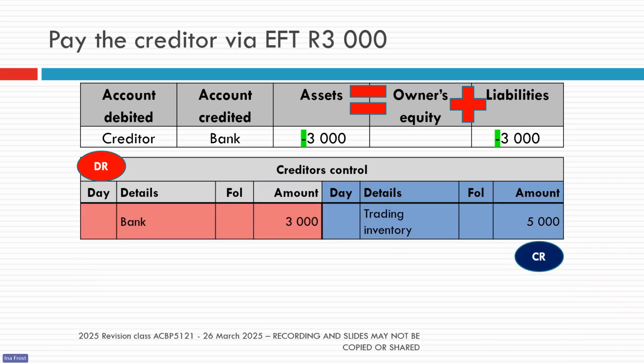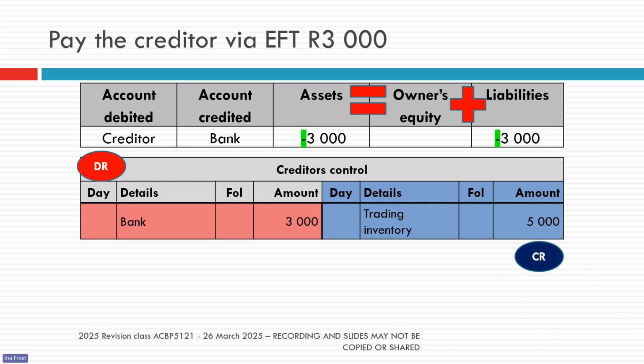So in the general ledger, you'll see there on the blue side, that's where we recorded when we bought the trading inventory for 5,000 rands. And now on the red side, the debit side, I'm making that payment to the creditor. So now you can see nicely, this is a liability with the two entries.